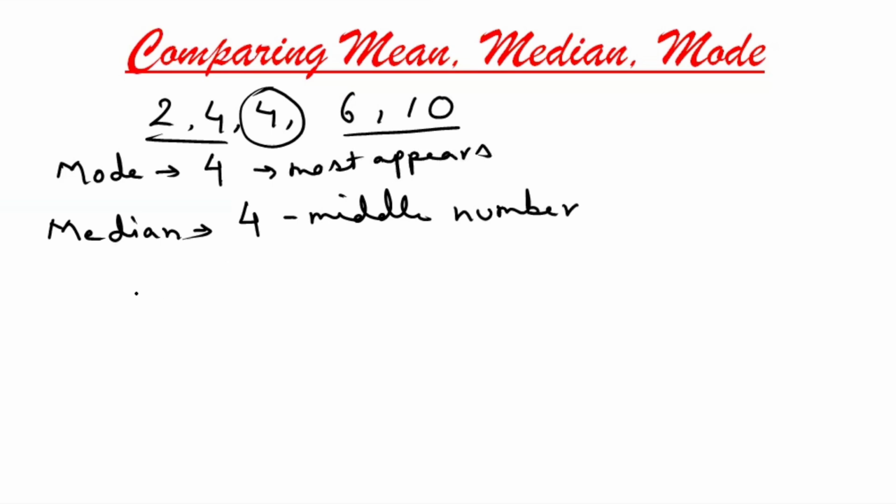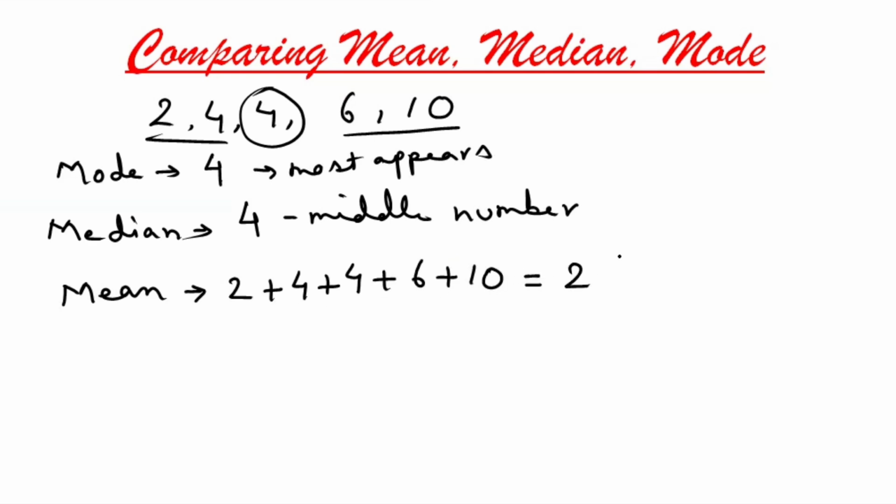Then we have to find the mean. For finding the mean, what do we have to do? We have to add all of these: 2 plus 4 plus 4 plus 6 plus 10. What will be the sum? It will be 26. Then what do we have to do?